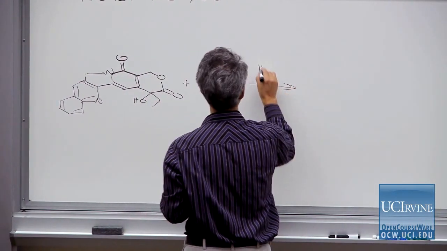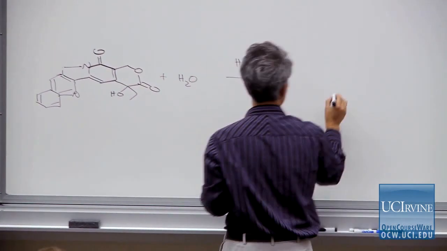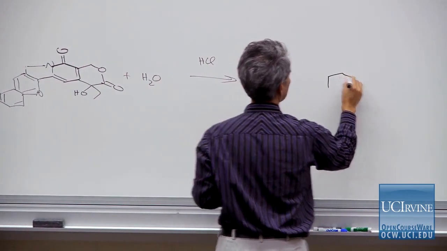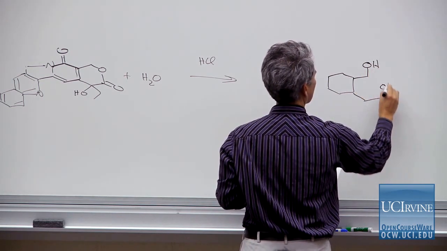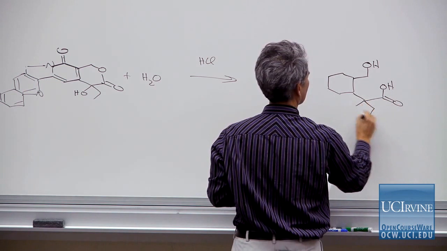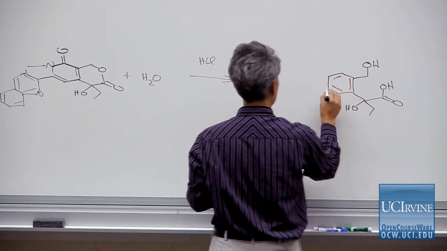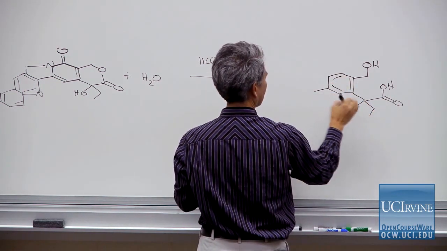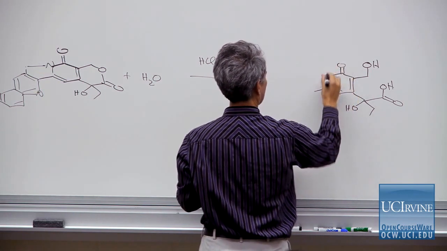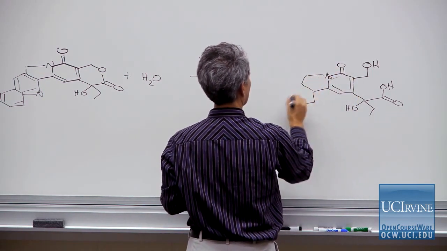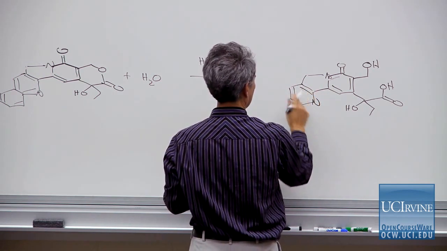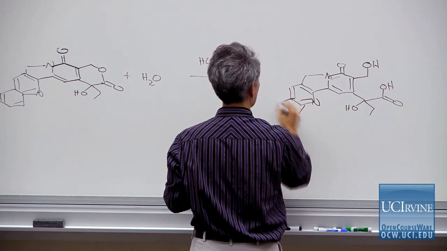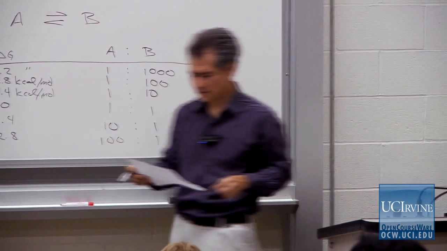So if you wanted to hydrolyze this open, in order to give this hydroxy acid, then what kind of yield can you expect for this reaction?